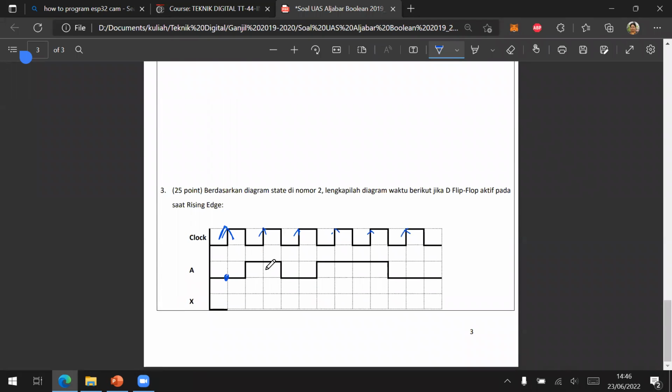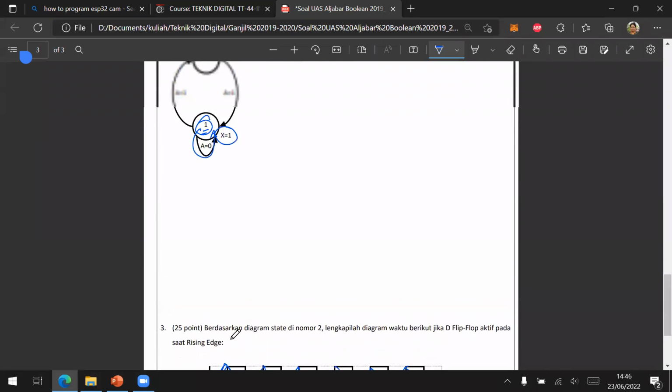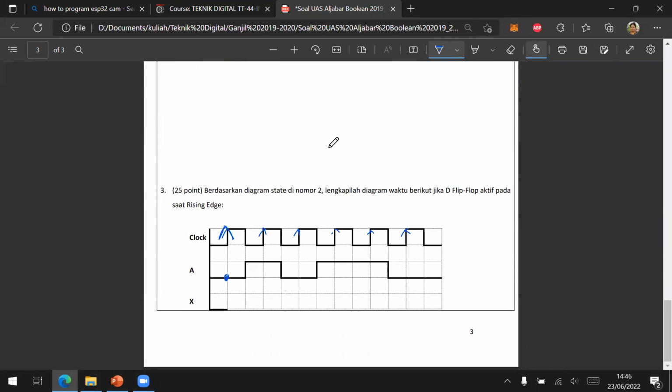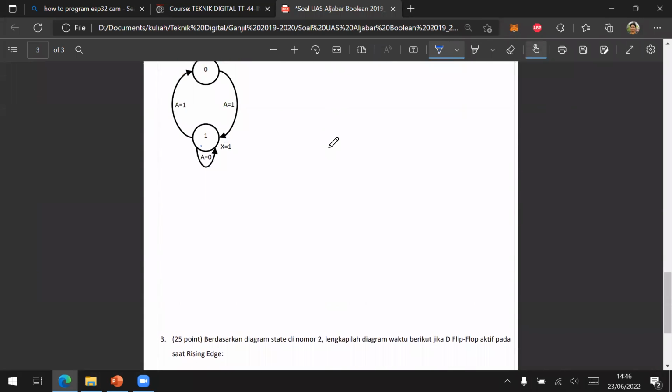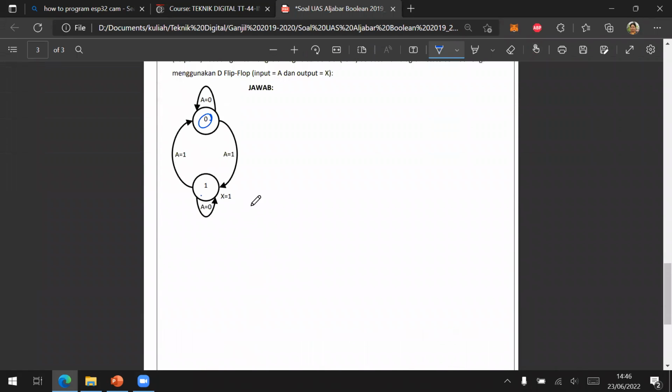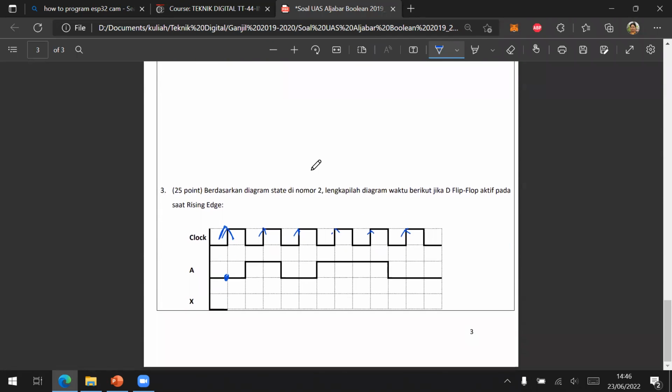Oh, sorry, my mistake. X is 0. Because X is 0, we are here. Now, on the first clock, A is 0. Because A is 0, it will stay 0. So the output of the present state stays 0 until the next clock.